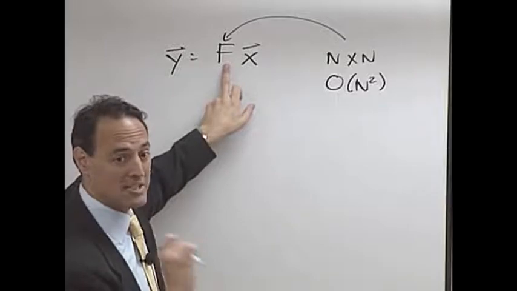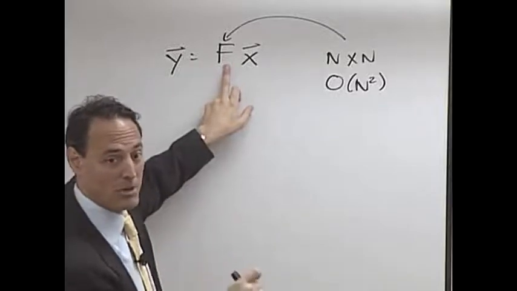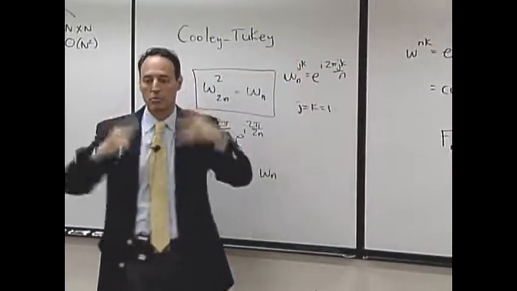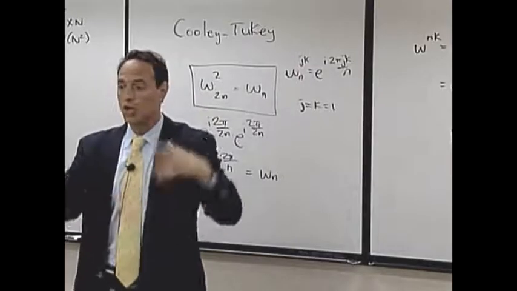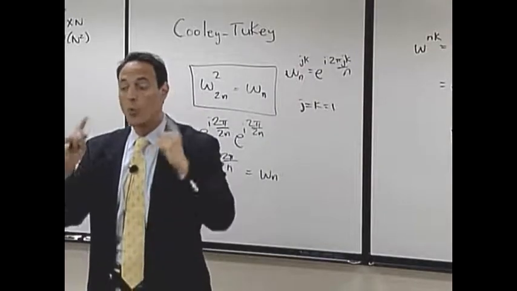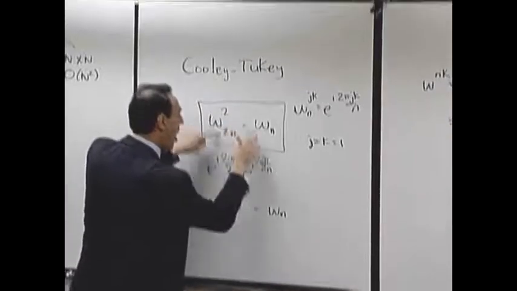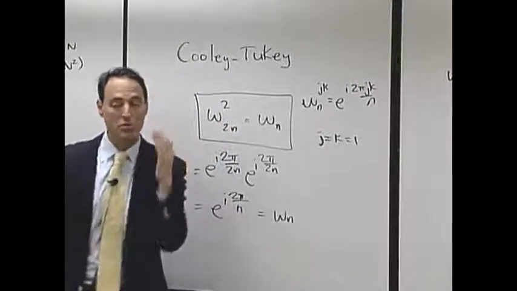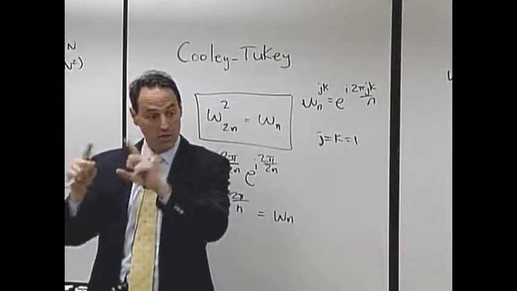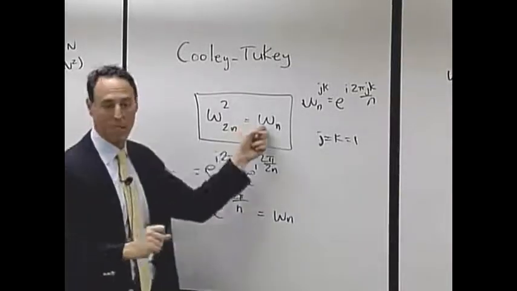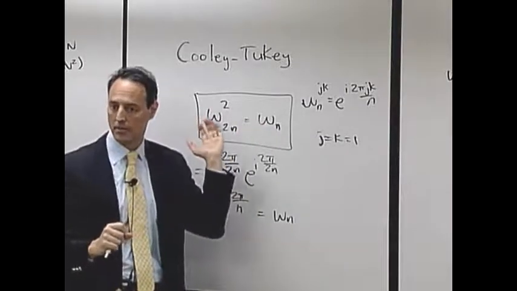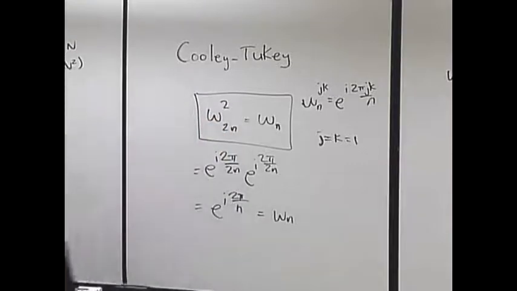What makes up the matrix F are these kernel components, the omega W_n^{jk}, the frequency content transform components, your cosine and sine basis functions, which are related. So when you write out that matrix F, you see things like omega n, omega 2n sitting in there, and they're related to each other. So you can take advantage of that.